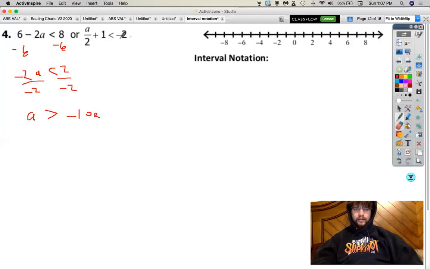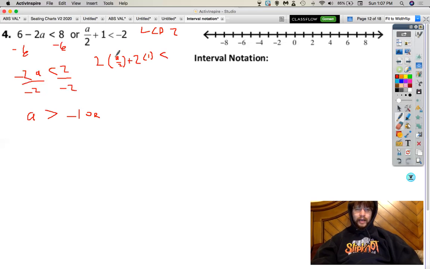All right, here we've got a fraction, LCD, straight away. You could get the 1 over first, doesn't matter. But anytime you see a fraction, multiply by your LCD. To each and every term, don't forget what a term is, anything separated by addition, subtraction, or an equality sign. Okay. So I'm going to multiply 2 times a over 2 plus 2 times 1.